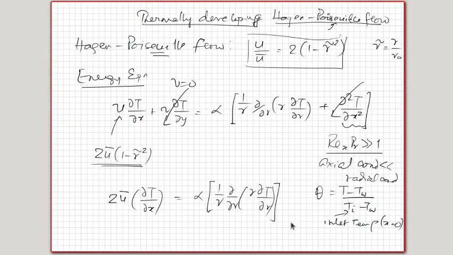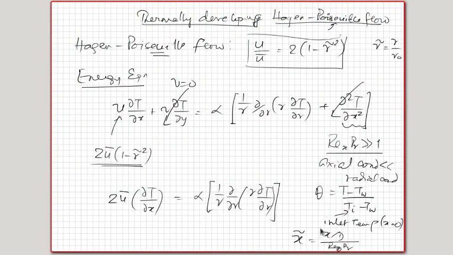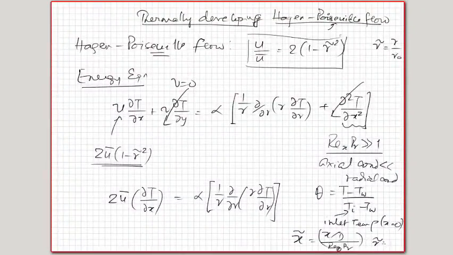And I normalize x using, let's say, x tilde in the familiar way, x by d divided by Re_D Pr. Okay, so this is my non-dimensional x, and r tilde we already know as r by r naught.